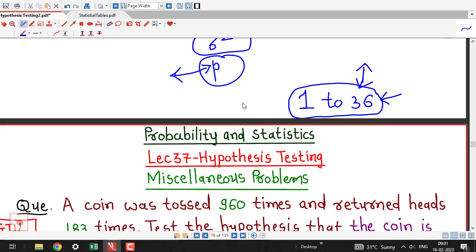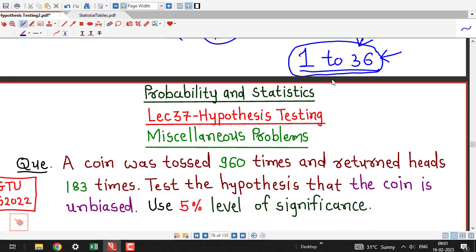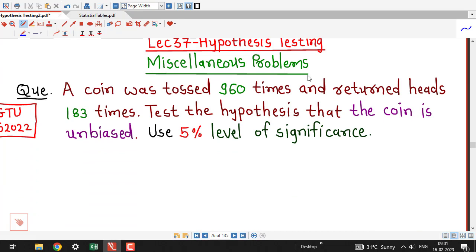So with that assumption that you are familiar with lecture number 1 to 36, I am going to discuss this question. A coin was tossed 960 times and returned heads 183 times.